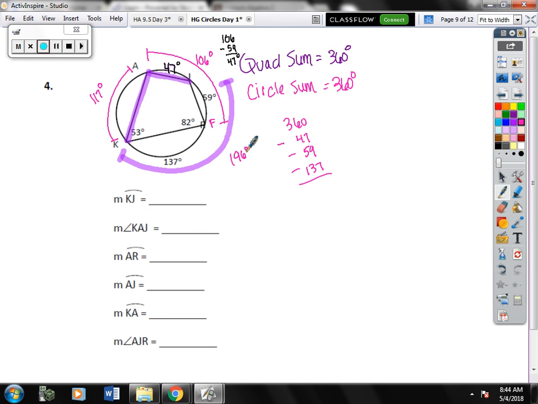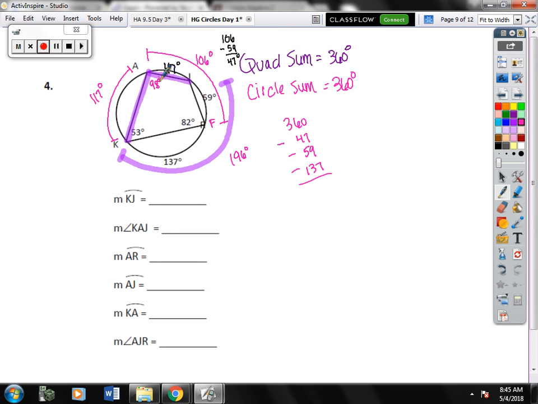Divide by 2. So what do we get? And let's see if we need to find the other angle. We may or may not. Let's start answering our questions.